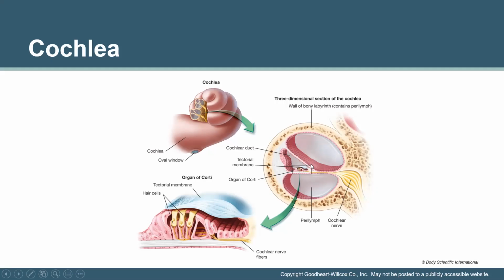That's going to get to move, which in turn will stimulate the cochlear branch of the vestibulocochlear nerve. And then these impulses get sent to one of your auditory centers in your brain. If you remember us going kind of around that map, this is where these signals will go to so that they can get interpreted.